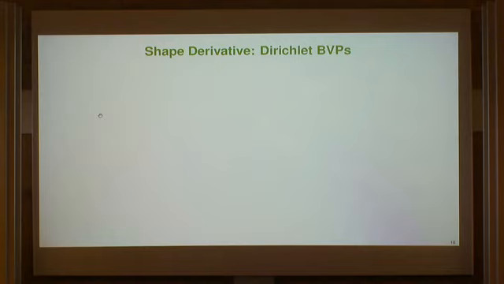A brief remark only about Dirichlet boundary value problems. With Dirichlet boundary value problems, we get stuck if we use the standard variational formulation. Because in the standard variational formulation, the test space depends on the domain, H10 or H curl 0, whatever, depends on the domain.